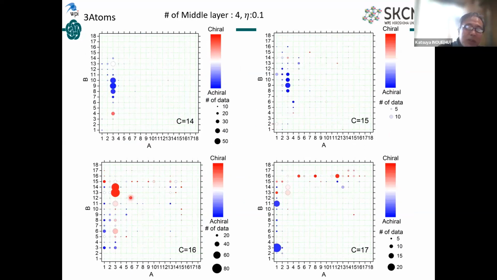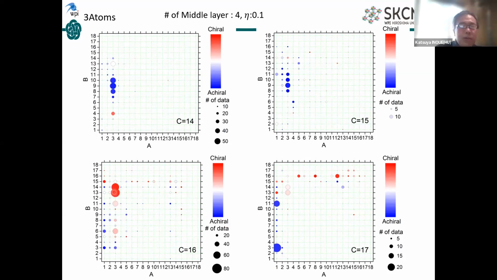For instance, chromium, niobium, sulfur is something here. Sulfur is 16, no. I said that the chiral magnet is something here. And I didn't tell you, but we found another chiral magnet coming here.